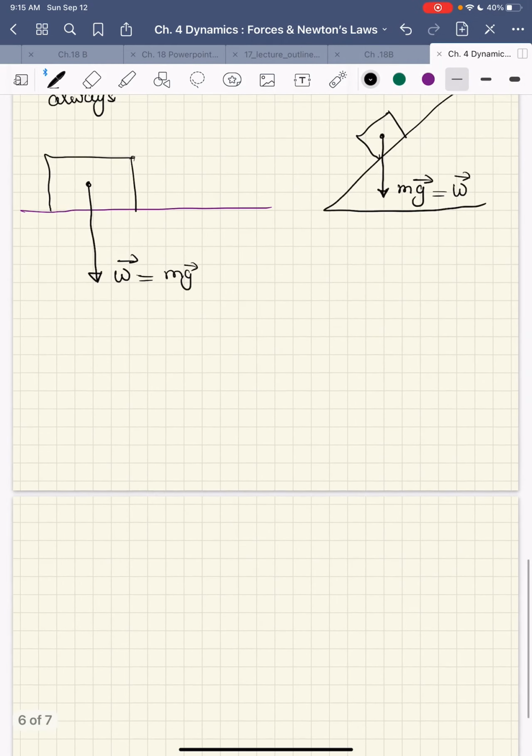The second force is the normal force. I use for it capital N or uppercase N. This one is the force when your surface is in contact with the object. If you have two surfaces in contact, this is going to be the normal force.